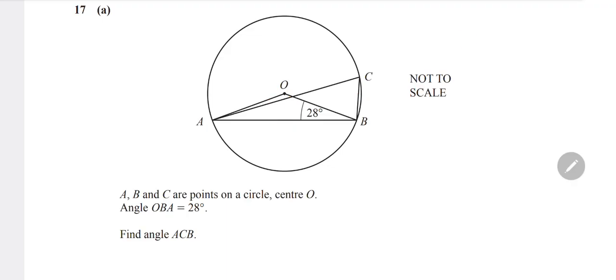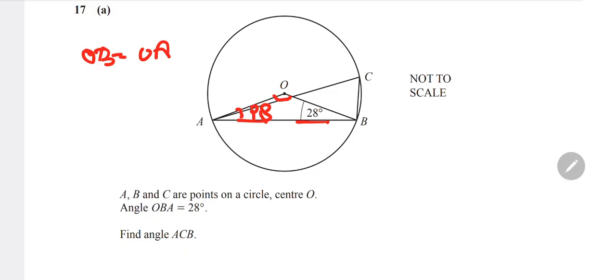So what we need to do here, if you think about this triangle, it's an isosceles triangle because OB and OA are both radii and radii are equal. So this angle is also 28, as an isosceles triangle has two equal angles. Now we have to find angle AOB.